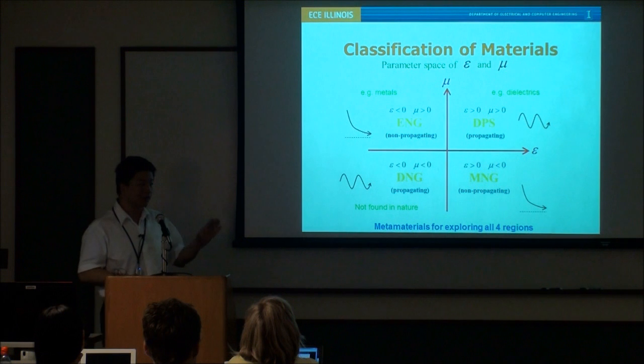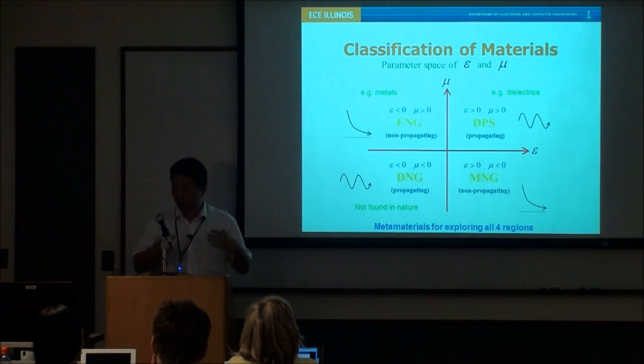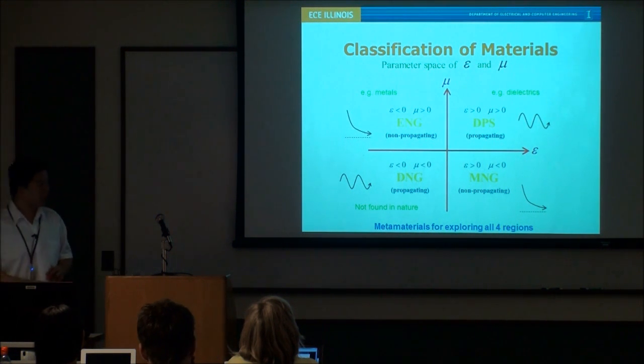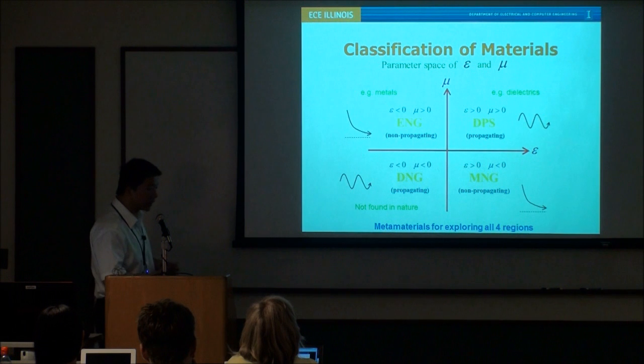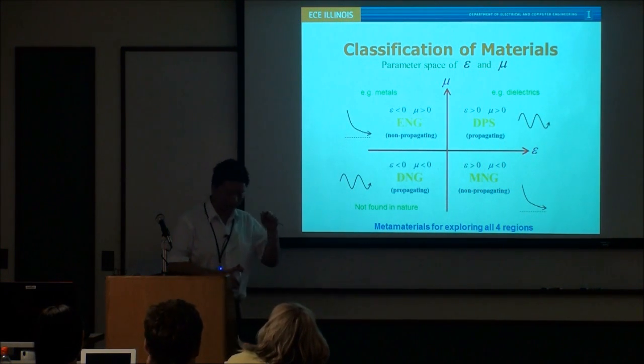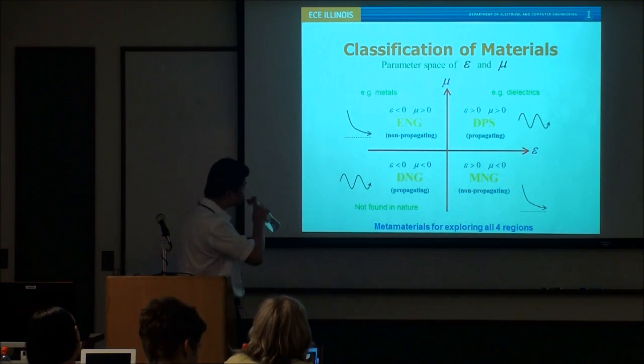That's why when we discuss metal in classical electromagnetics, we always discuss the skin depth of metal, because we know that the waves will attenuate a lot into the metal. So the skin depth for most electromagnetic waves is very, very small.